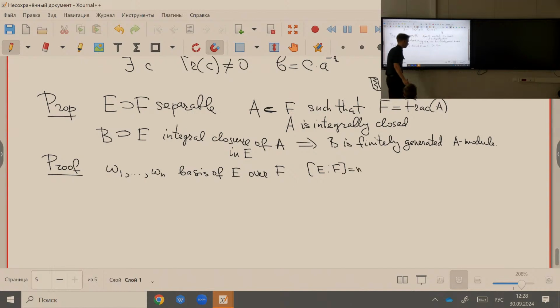Of course, if your extension is separable, we can take the powers of one element, but it won't be needed here.